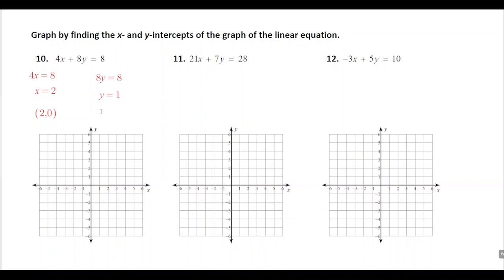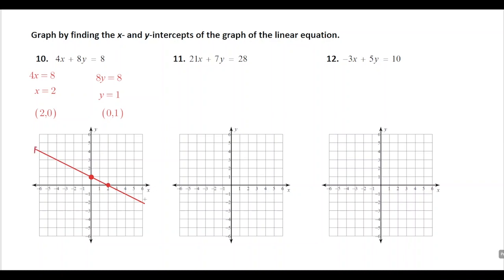So my y-intercept is at 0, 1. So now I can plot both of these points. 2, 0 is going to be right here. 0, 1 is going to be right here, and I can go ahead and draw the graph. Notice how I did not need to find the slope here. That is not going to be necessary. All right, there we go.